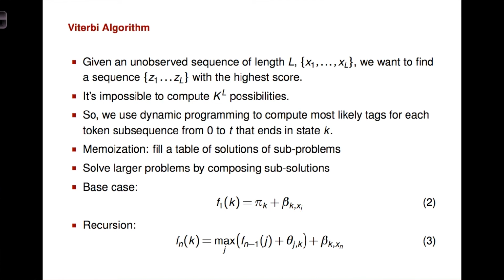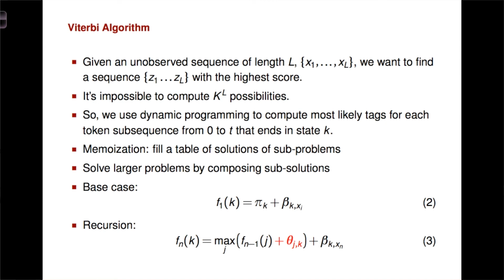And then you build up longer and longer sequences. If you end in position n, what is the highest scoring tag sequence that ends in part of speech k? To compute this, you look at all of the previous parts of speech j that could have gotten you there. This uses a previous solution that you've computed, and you're adding in the score of transitioning from part of speech j to part of speech k.